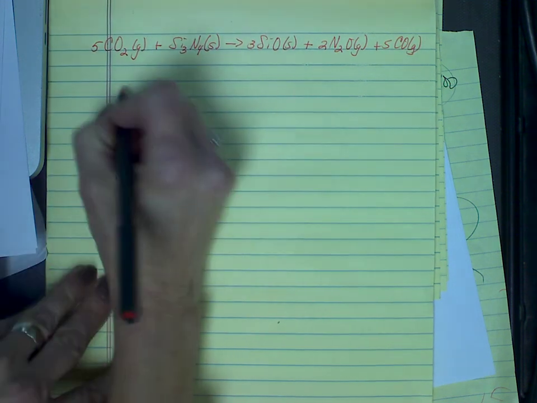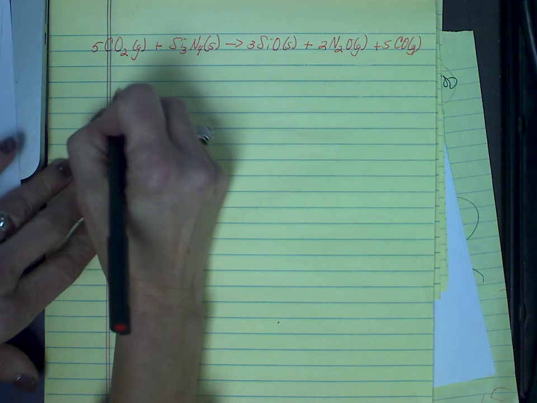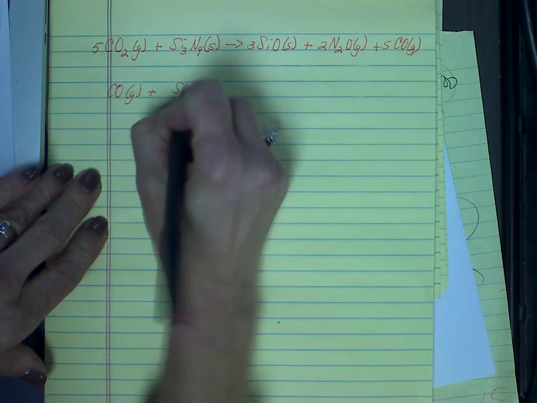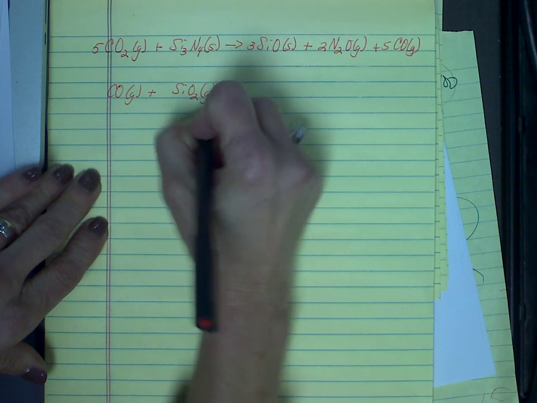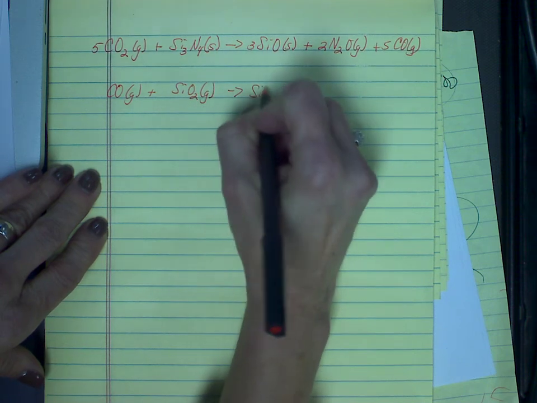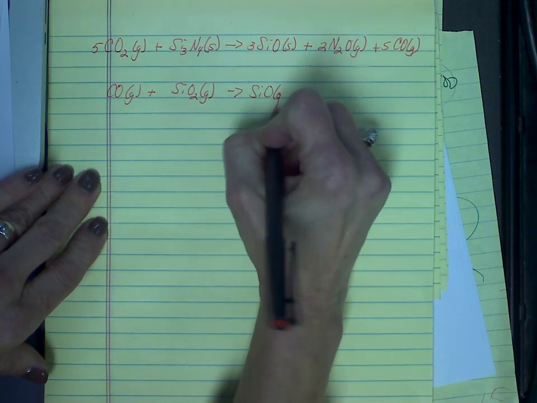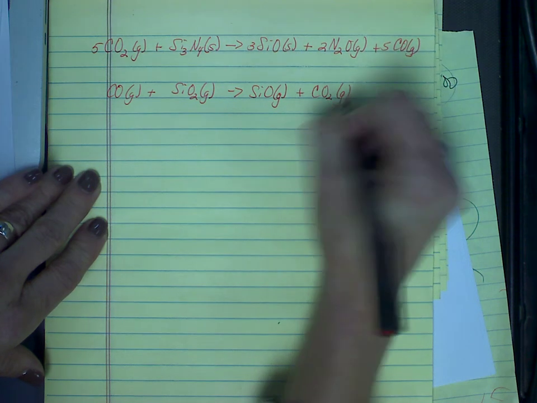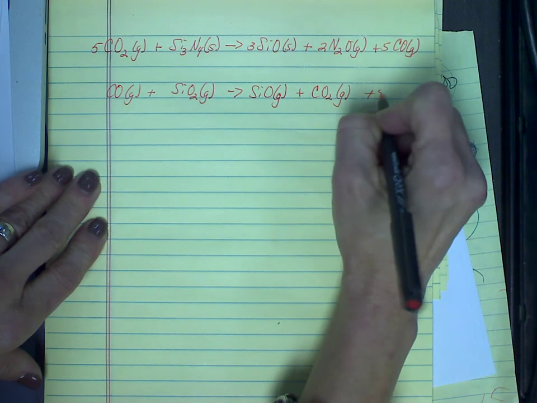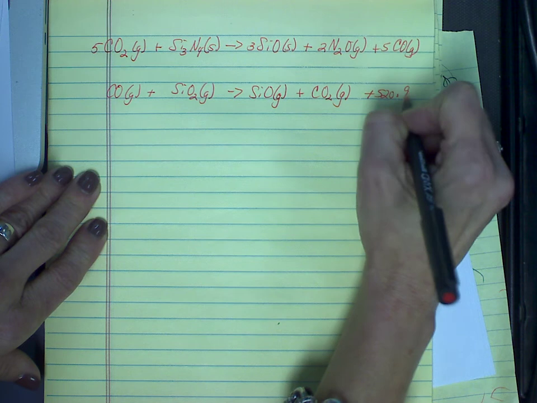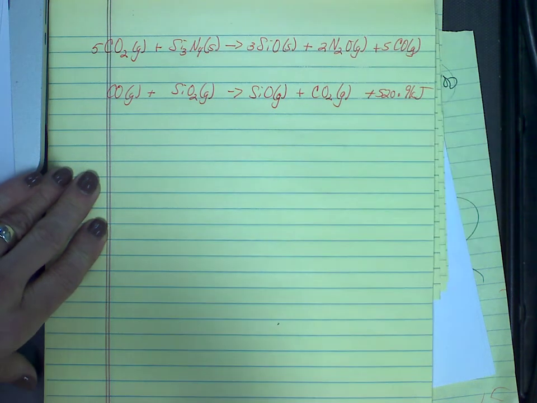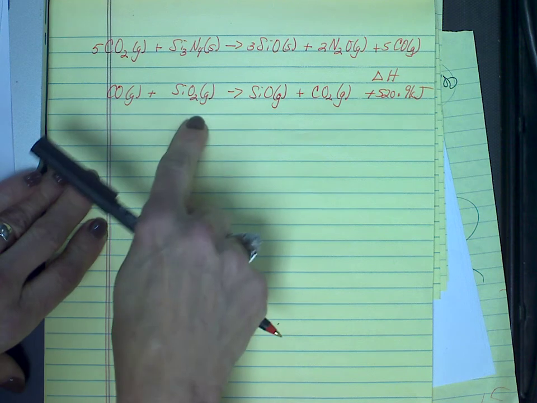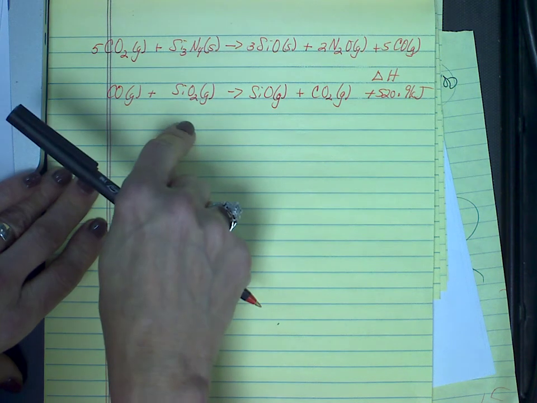So these are the two equations we're using. We're using CO, and all it is, y'all, is rearranging things and making sure you do it in specific ways. This is plus 520.9 kilojoules. Now, this is the change in enthalpy, okay, for that reaction only, okay?